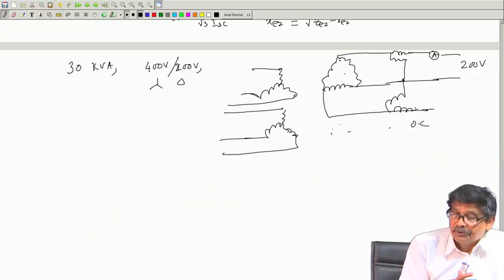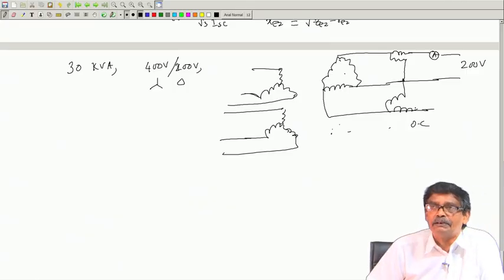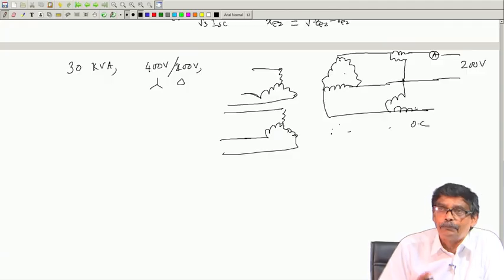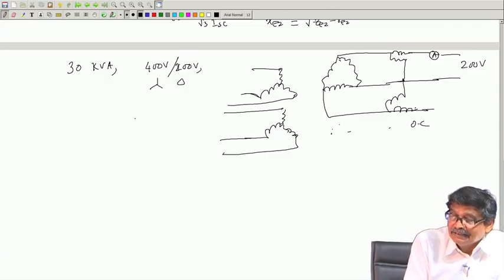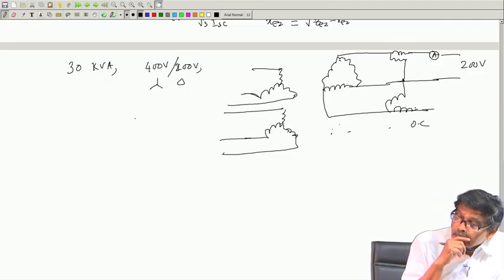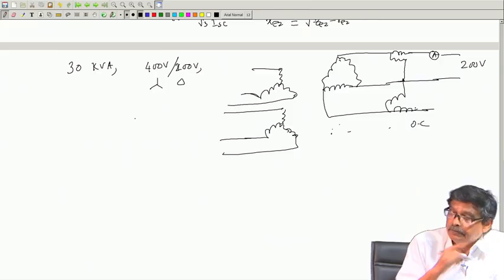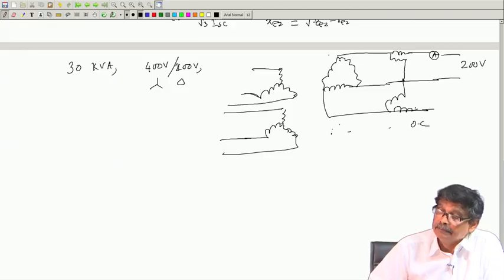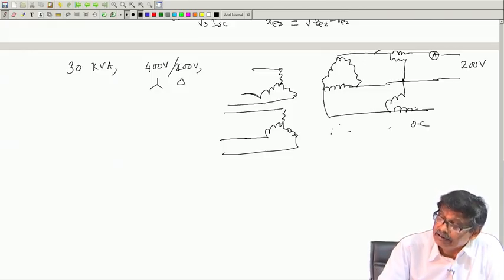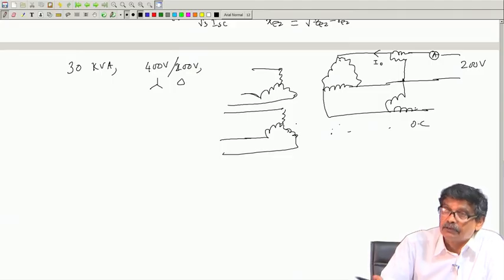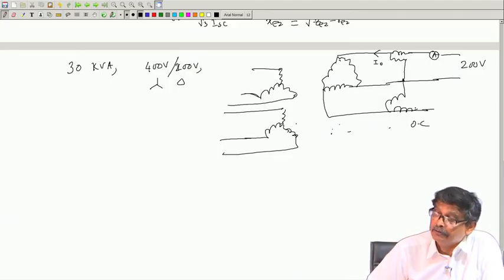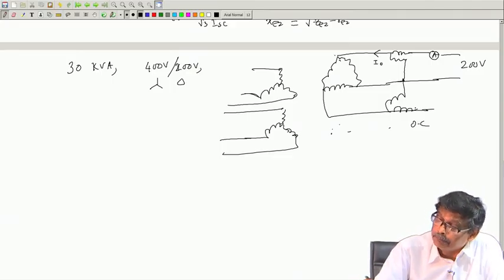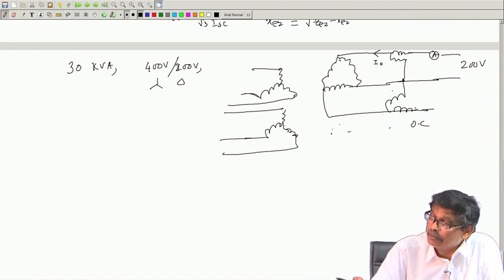Another way of doing it, which looks more appropriate, is like this. I will carry out the test, no doubt. I will say that this is the no load current you are carrying, and I will start calculating per phase. What is the per phase voltage applied to this winding? 200 volt.